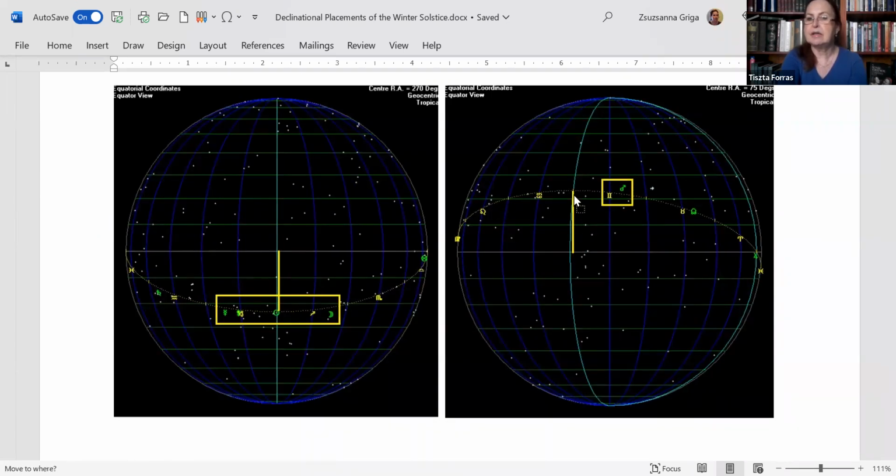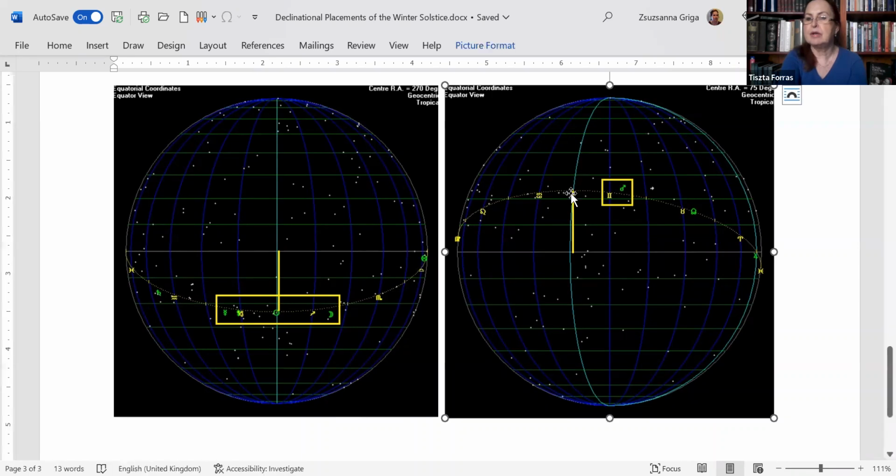Here's the position for the outermost, the highest position, so to speak, because that's the summer solstice point. And Mars in Gemini is really a lot, at least 2.5 degrees above the ecliptic. So those are the positions at the moment.